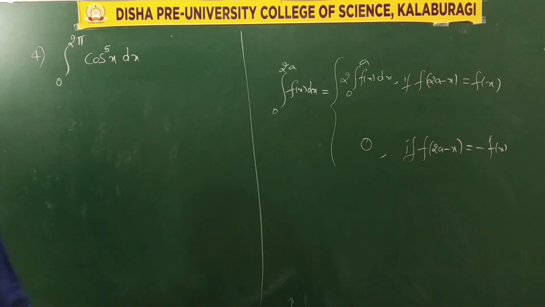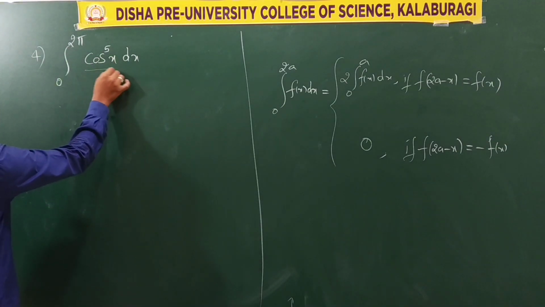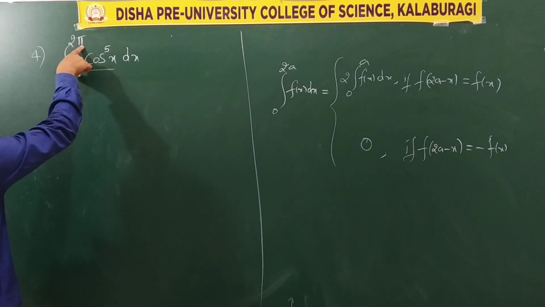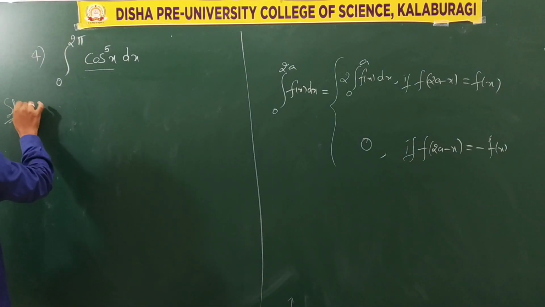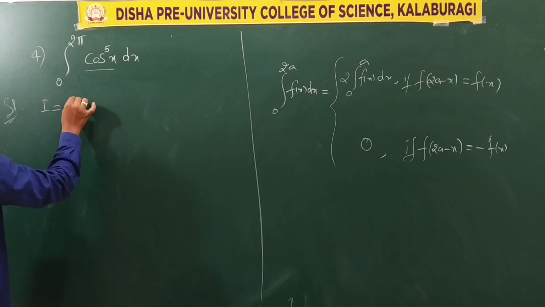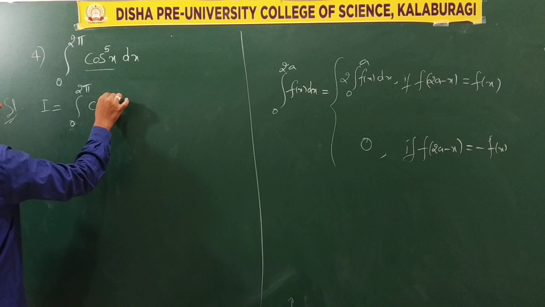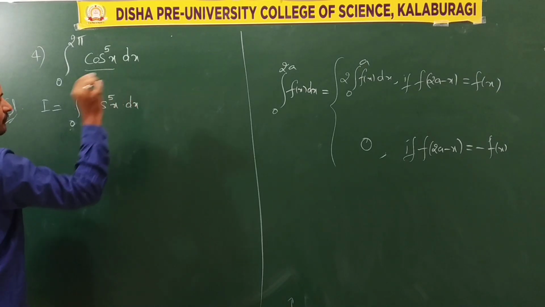See now here, f of x is cos raised to 5x. 0 to 2a, a is pi. So solution: integral I from 0 to 2 pi cos raised to 5x into dx.